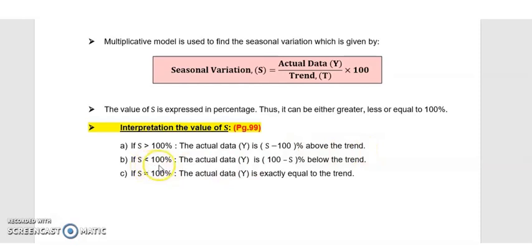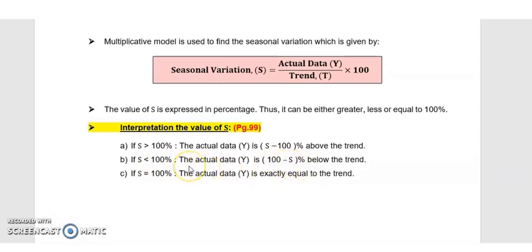However, if S is less than 100%, the actual data is 100 minus S percent below the trend. So if less, it will be below the trend. Above we can also say increase, below we can also say decrease. So 100 minus S, for example S equal to 80. So 100 minus 80 is 20.